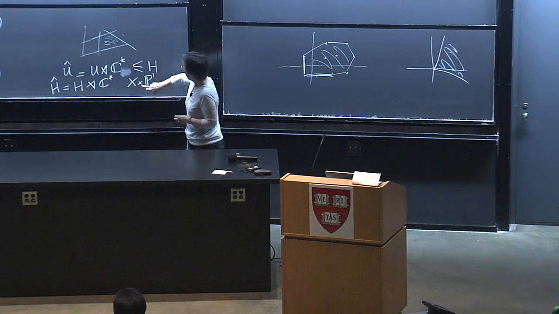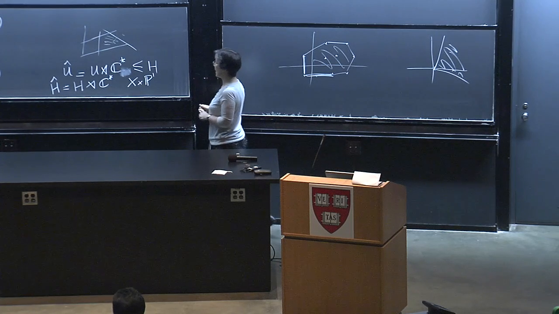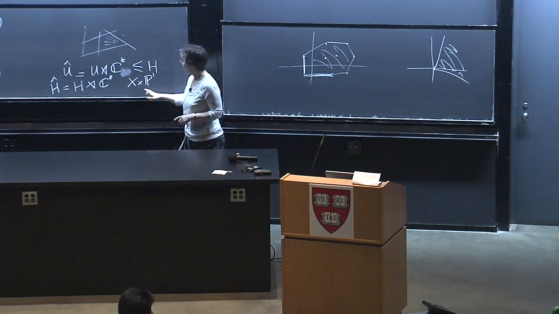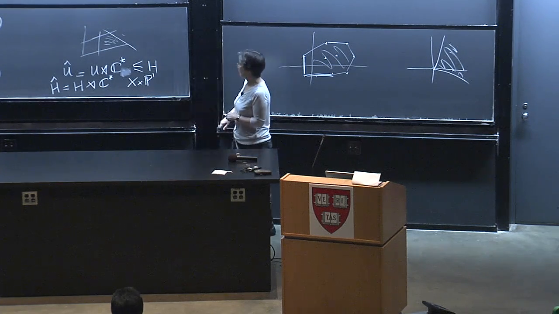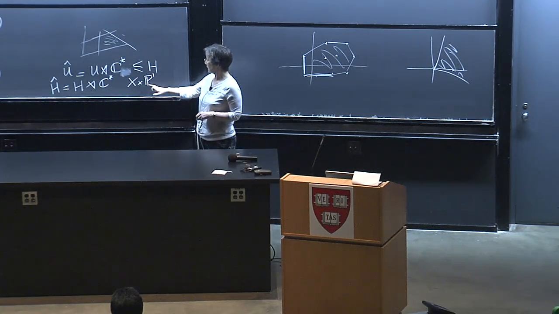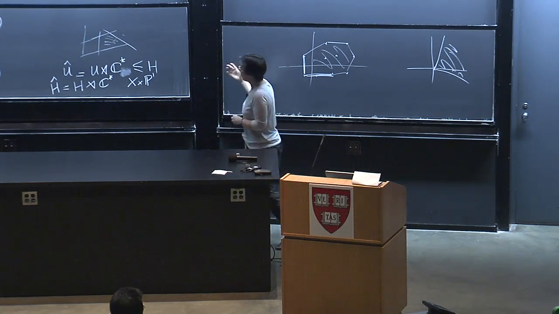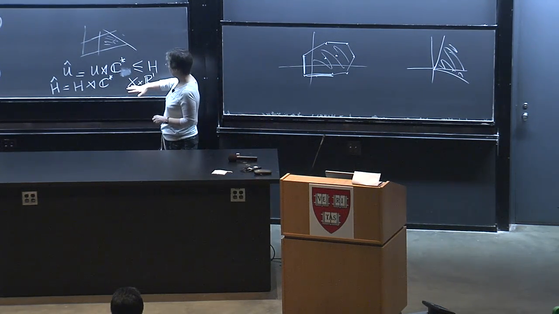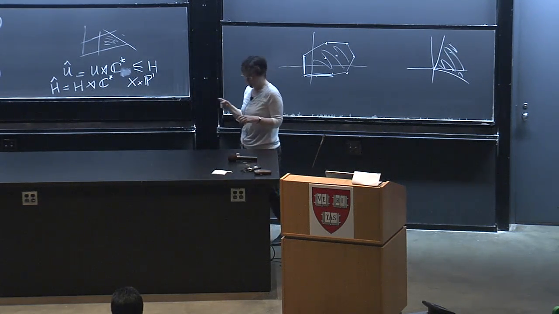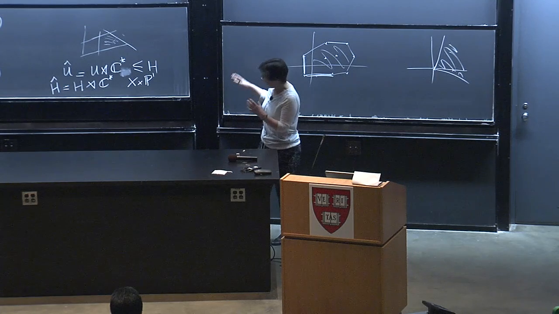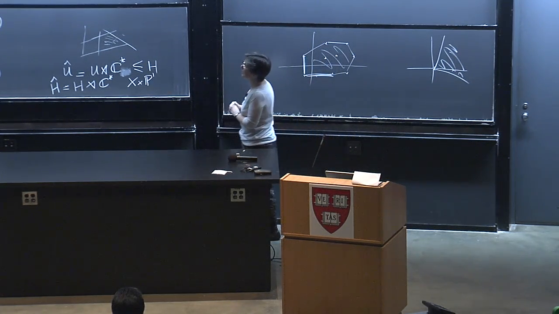If my action of H on X extends to an action of H hat, I can make H hat act on this product, where it acts in the given way on X, and H itself acts trivially on P1, but the C star acts in the standard way. I can try and take a quotient of this product by H hat, and I twist the linearization appropriately. I weight the P1 factor very heavily.